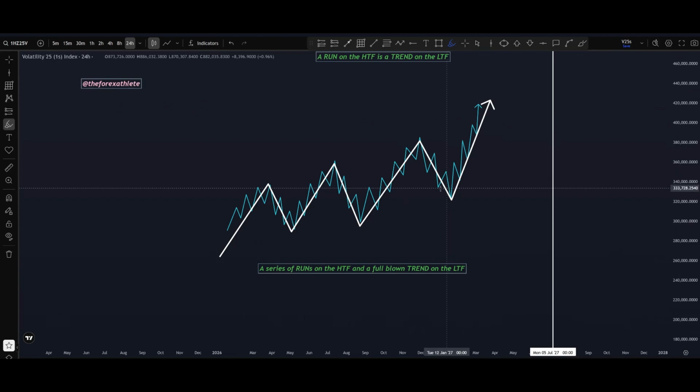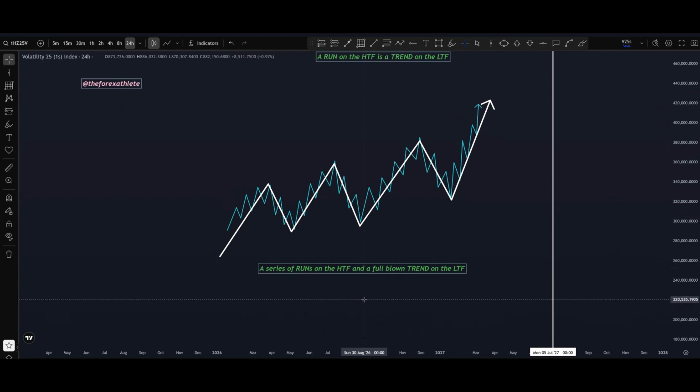So the thick white line is what our higher time frame depicted, which showed our runs. But the blue line connoted what the trends of the market are on the lower time frame. So these are a series of runs on the higher time frame and a full-blown trend on the lower time frame.